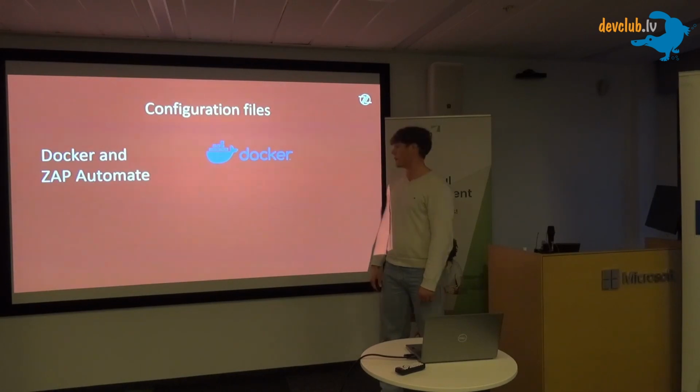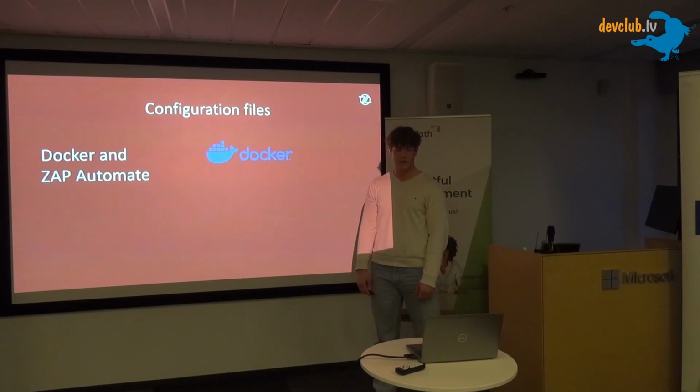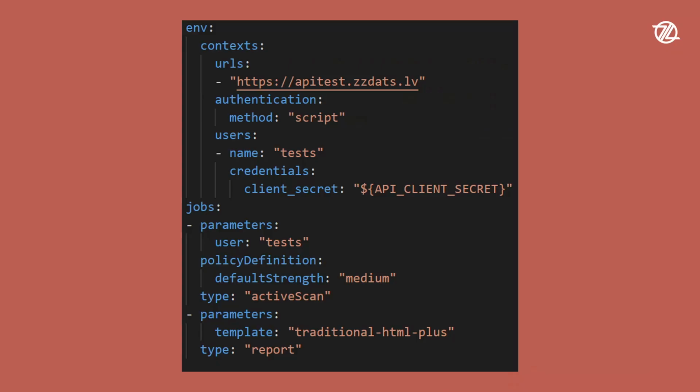And as far as the configuration files go, we used the ZAP Automation Framework, and the project requirements involved creating ZAP Automation files so we could run the tests within CI/CD pipelines, and so we could scan any new changes to code when it was added.